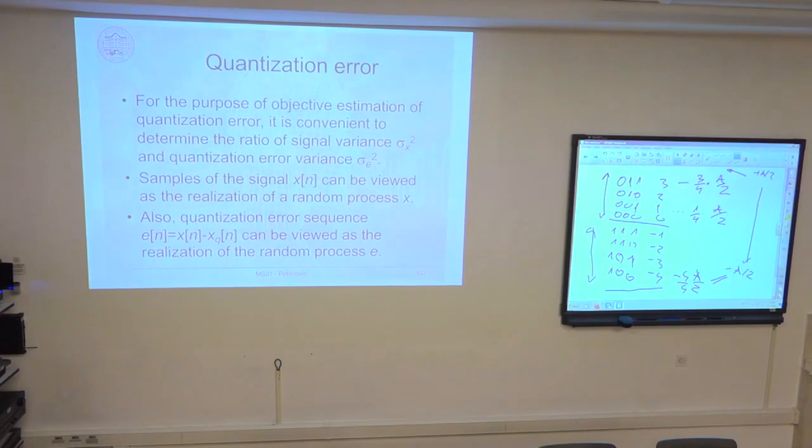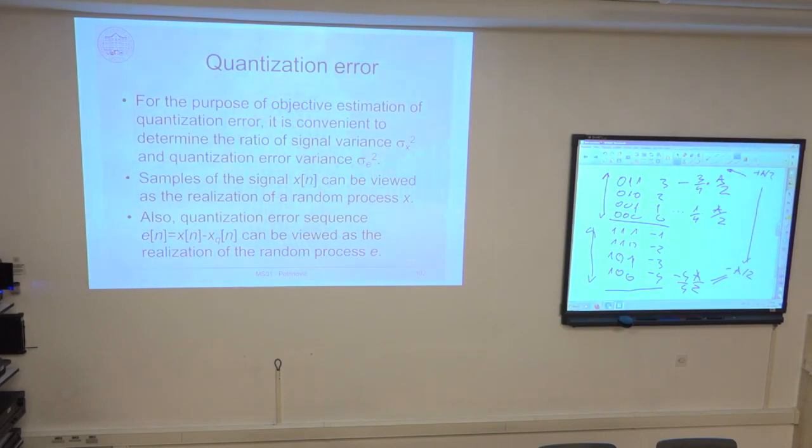For that reason, instead of using the linear measure, we convert this quotient of these two energies into a logarithmic measure by simply taking the logarithm, and what we get are the decibels. And these decibels are very compliant with our perception of the quality.